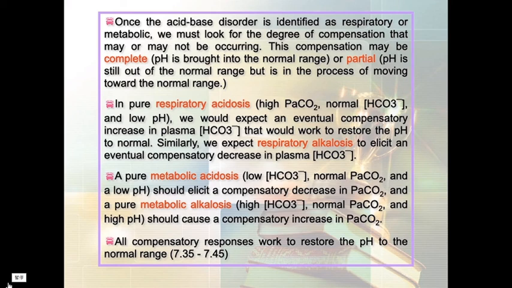And a pure metabolic alkalosis with high bicarbonate ion, normal partial pressure of carbon dioxide, and high pH should cause the compensatory increase in partial pressure of carbon dioxide. All compensatory responses work to restore the pH to the normal range.